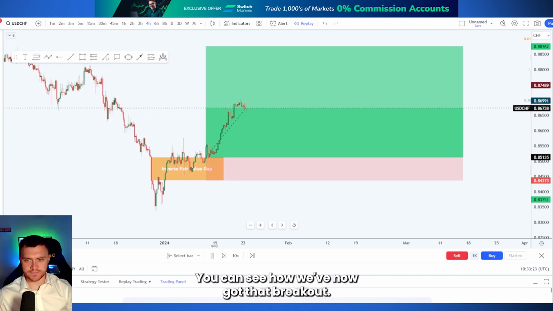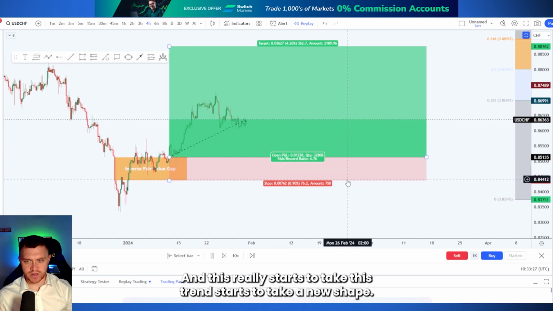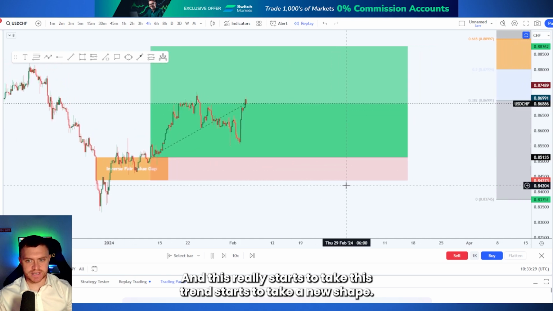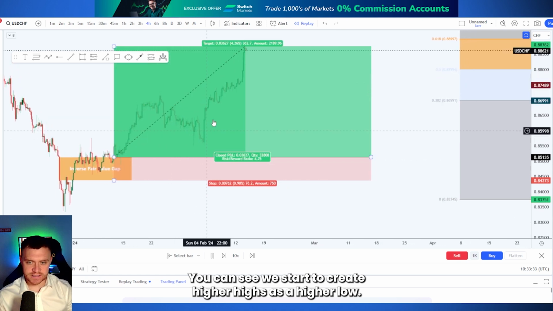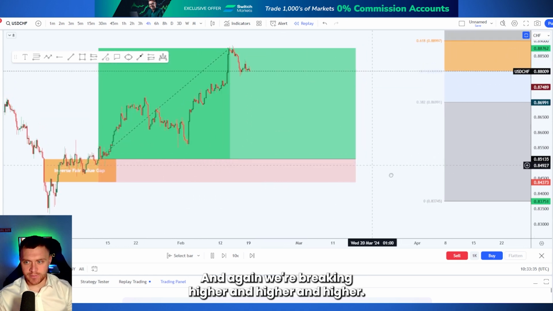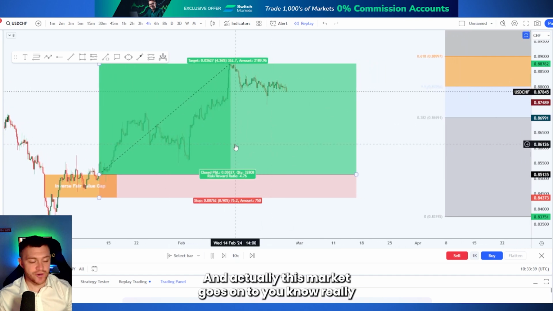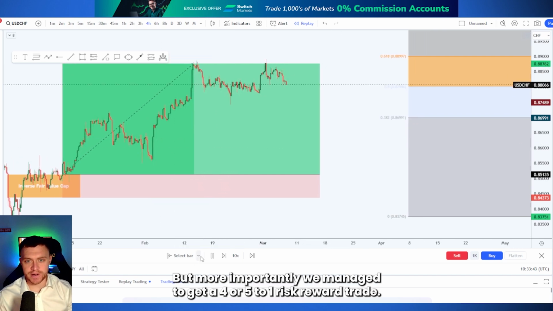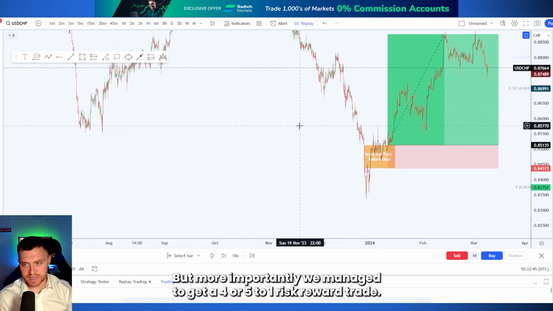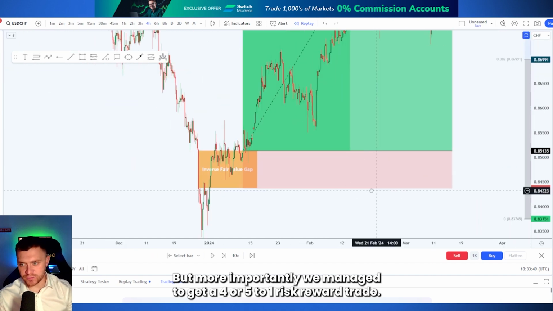You can see how we've now got that breakout, and this trend starts to take a new shape. We start to create higher highs, there's a higher low, and again we're breaking higher and higher, and this market goes on to really surge higher and create a new trend.